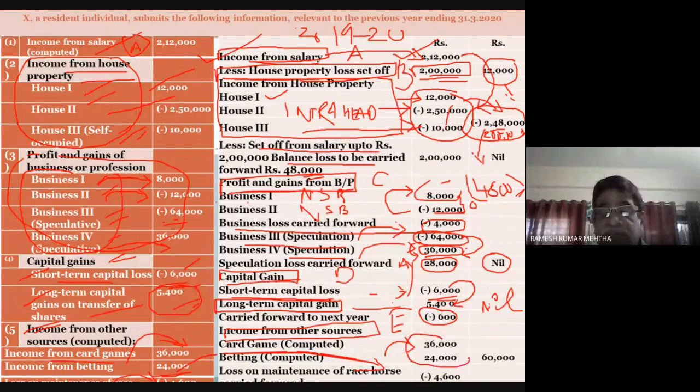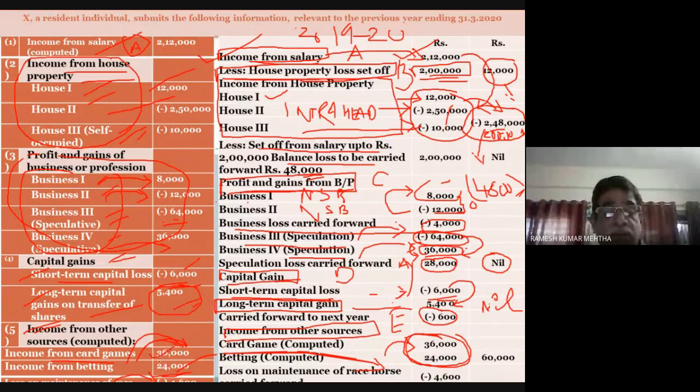So the total income in this case is 36,000 plus 24,000, which is 60,000. Generally, when winnings and betting amounts are distributed among the winners, they deduct tax at source, and then the remaining amount is placed in the hands of the winner. But in this case, I'm assuming that they have not deducted tax at source, and because of this, it is fully taxable to the tune of 60,000 rupees.